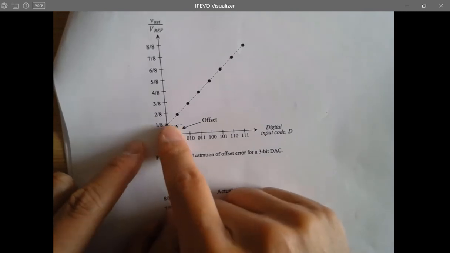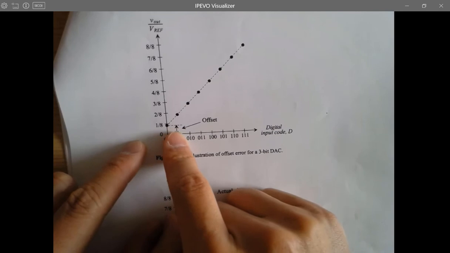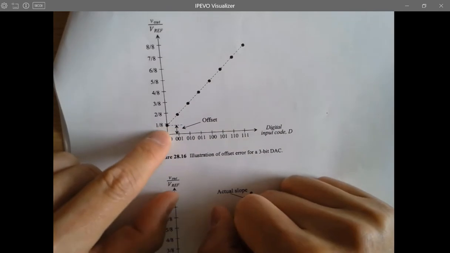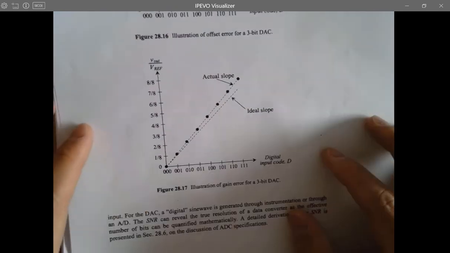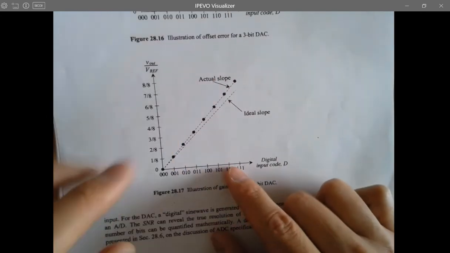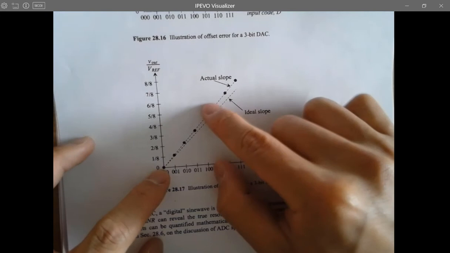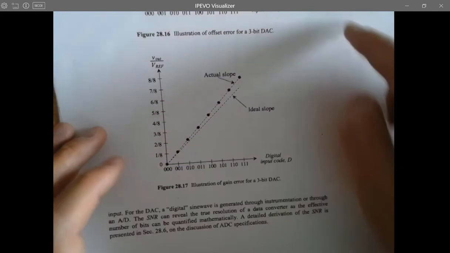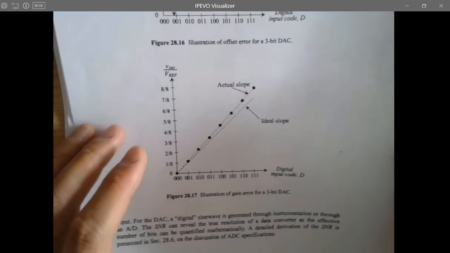There's a little offset at the very beginning for the voltage. However, the gain error is the slope of the transition curve compared to the ideal curve. That's a gain error. There's nothing to calculate, but you just need to know what it is.